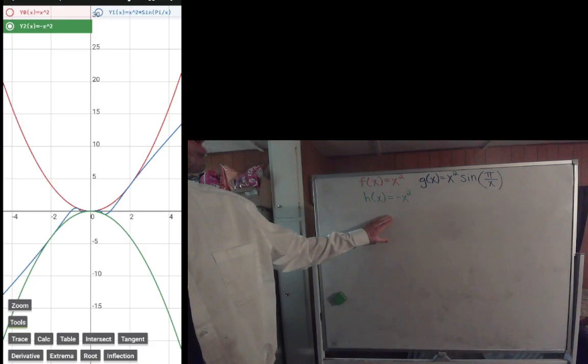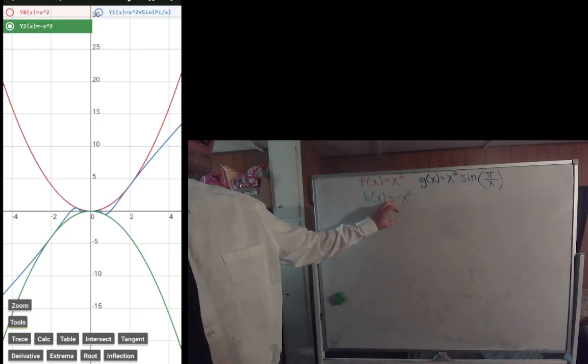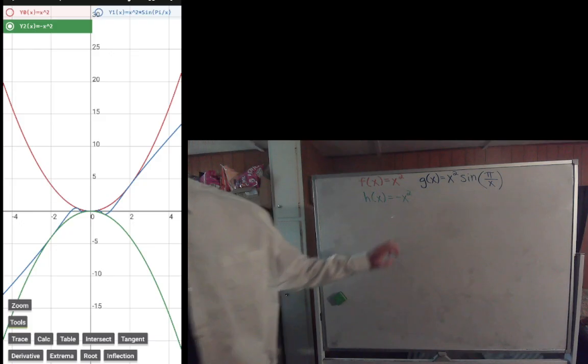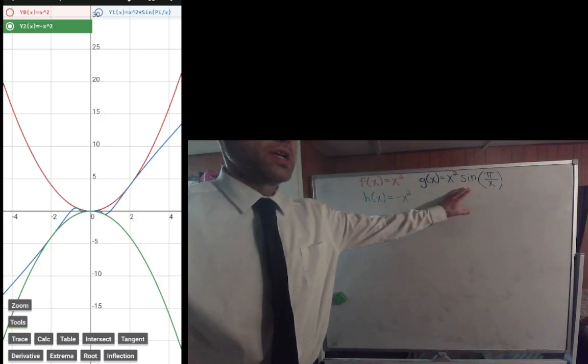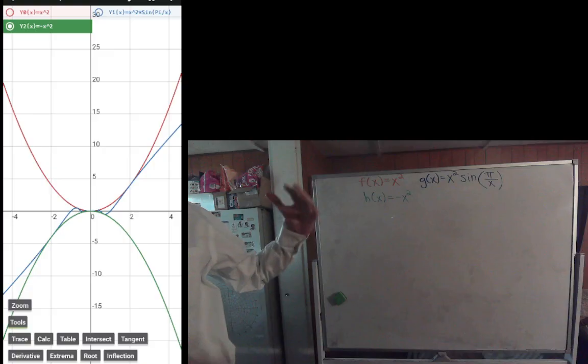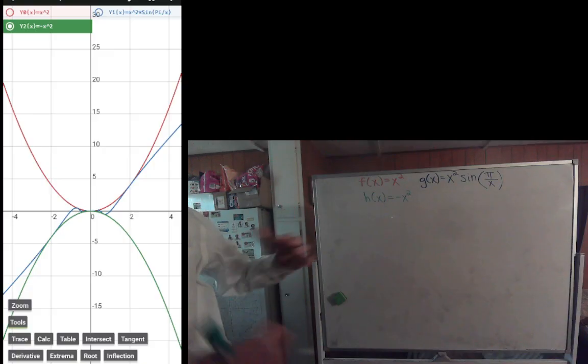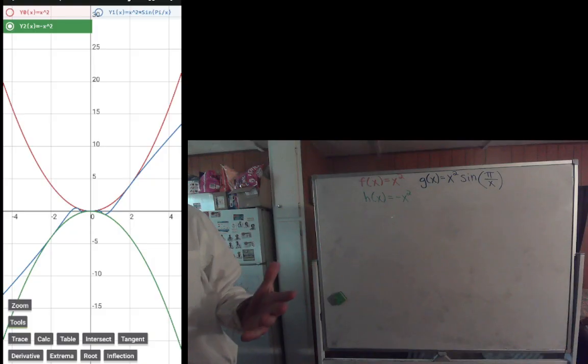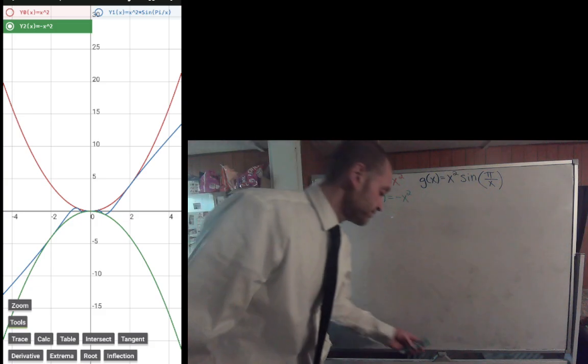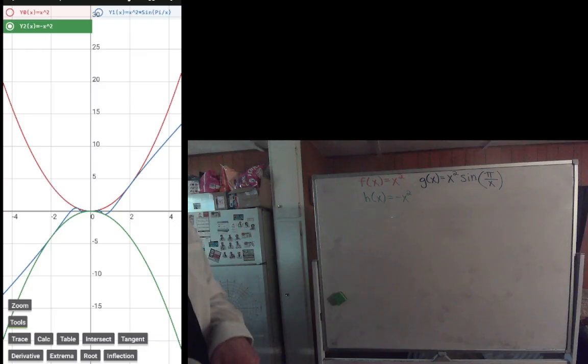And then in the green, you have h of x equals negative x squared. If you look on your screen, that curve in the blue, that trig function, is sandwiched between your two parabolas. It's squeezed between them, thus showing why we use the name the sandwich theorem or the squeeze theorem.